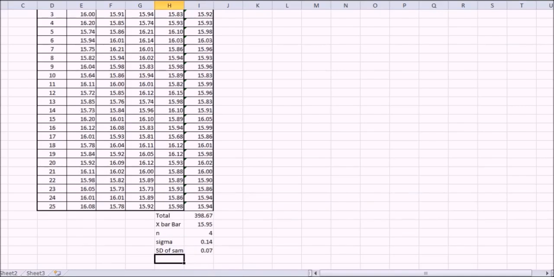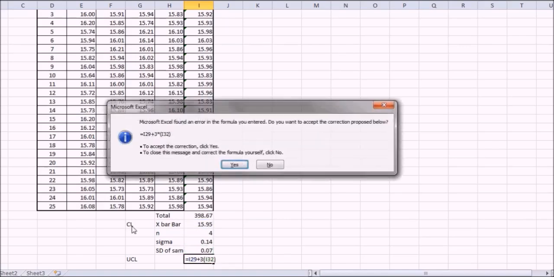Now this X bar is of course our central line. Let me put that here, CL. Now we are ready to calculate the upper and the lower control limits. The upper control limit will be equal to my X bar, that is 15.95, plus Z, in this case 3, times the standard deviation of the sample, which is 0.07.